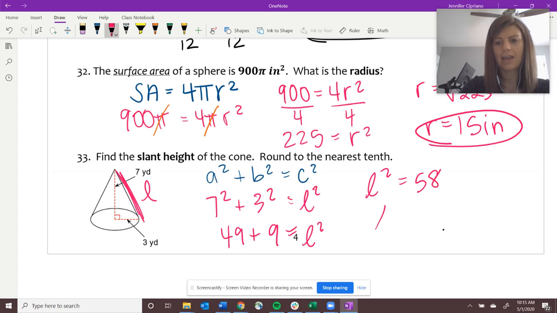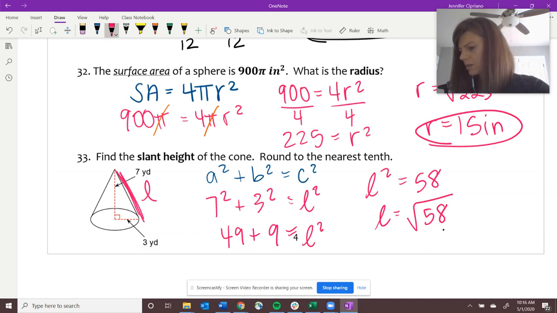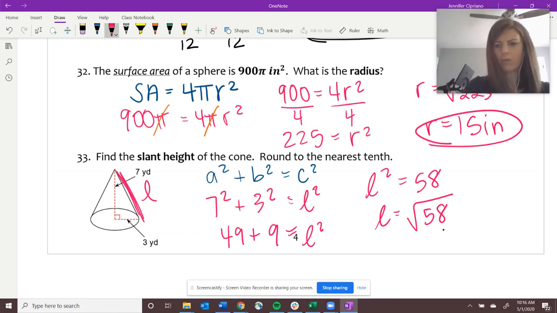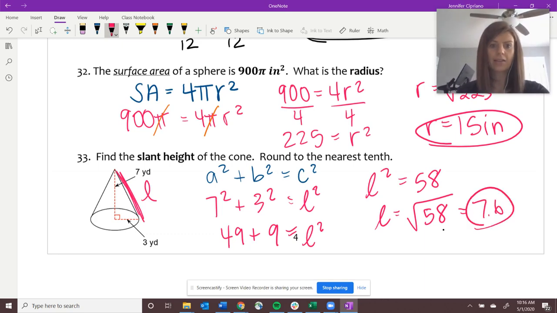So the slant height of this cone is the square root of 58, which is about 7.6. So that's how you find the slant height from the height and the radius. You just use the Pythagorean theorem.